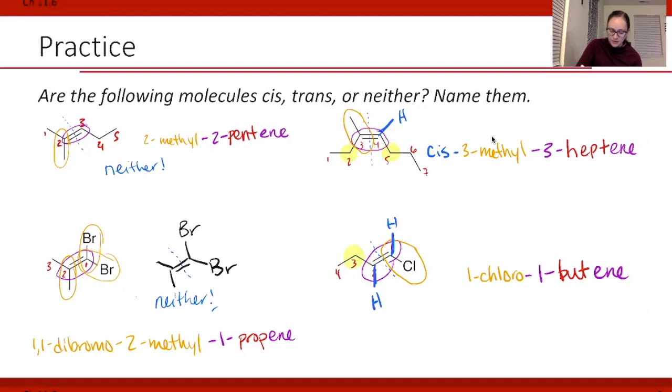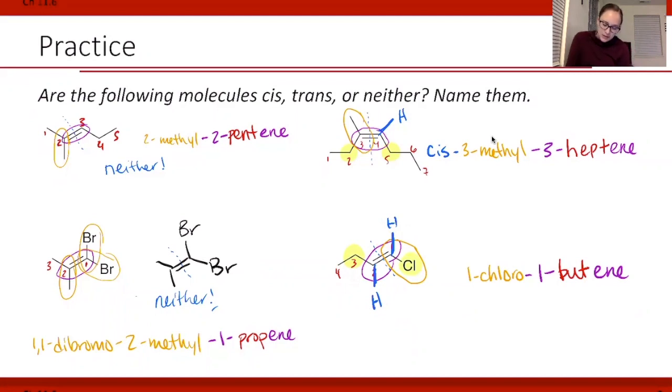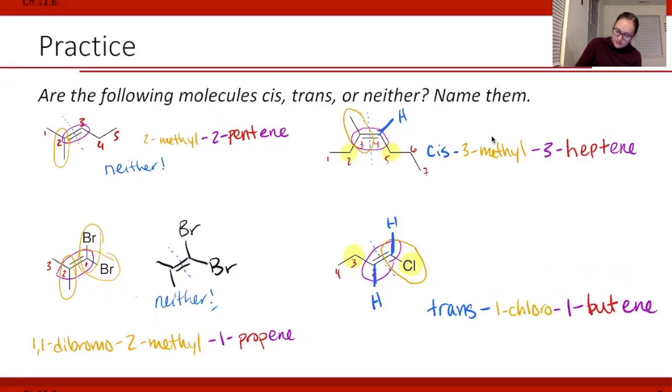Carbon's definitely bigger. On the other side, we have hydrogen versus chlorine. Chlorine is bigger. The chlorine and the carbon are on opposite sides of the alkene. Therefore, we have trans. Trans-1-chloro-1-butene as my final answer.